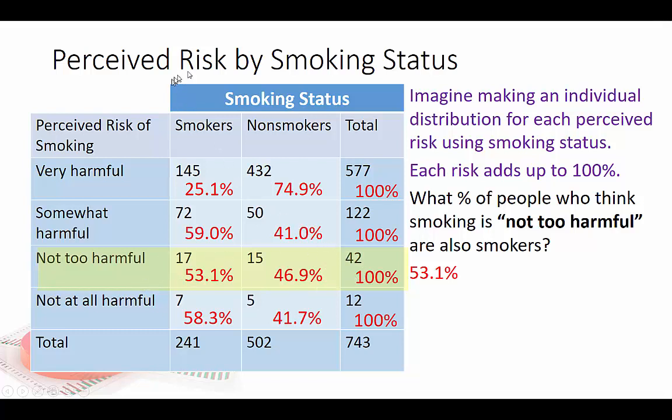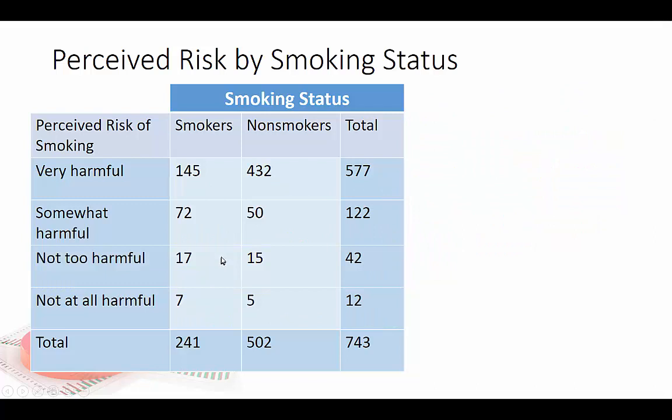So you want to go perceived risk by smoking status when you're only concerned about groups that think it's very harmful or somewhat harmful or not too harmful, but these are not overlapping. You're only worrying about one type of these people. So the percent of people who think smoking is not too harmful who are also smokers is 53.1%.